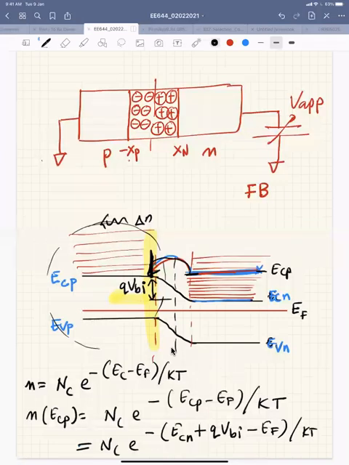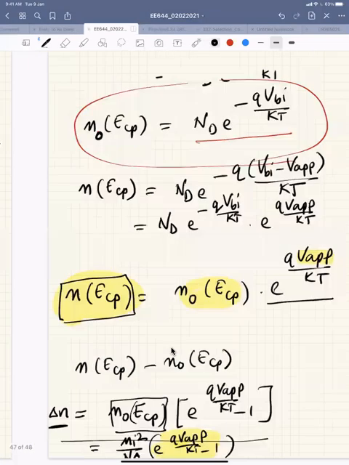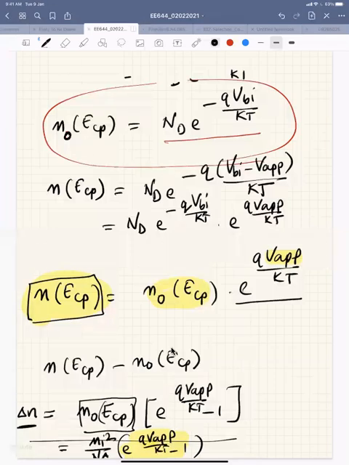The current will be diffusion current, because the p side and n side are neutral regions. We will solve that current equation in the next class.